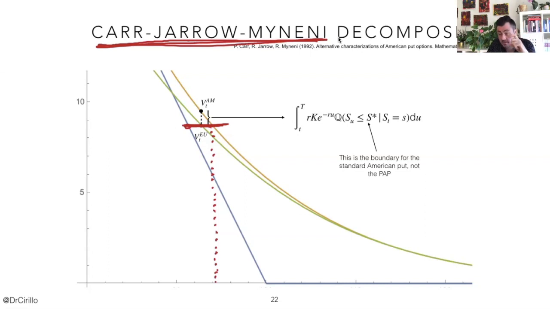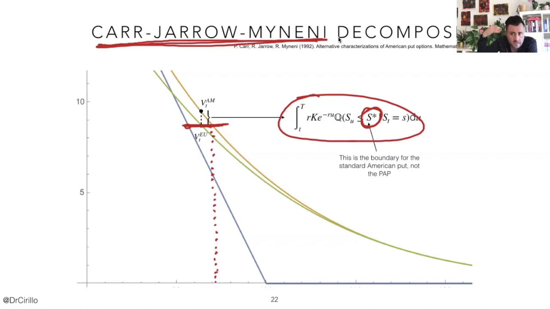And the remaining part can be expressed, as Peter Carr, Jarrow, and Myneni show, in terms of this integral, which is, as you can see, an integral that involves the boundary condition. In this specific case, S star is no longer 2kr over 2r plus sigma squared, which is the boundary of the perpetual American put, but it's back to the boundary of the real American put.